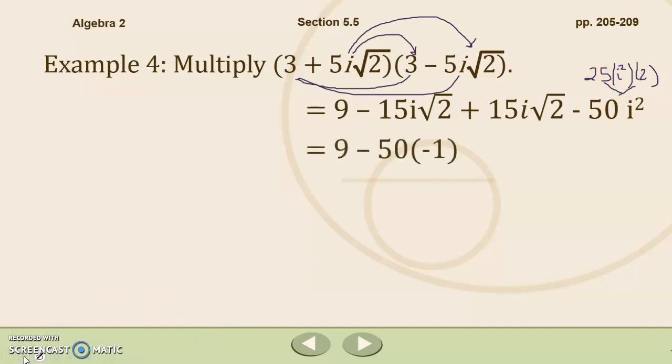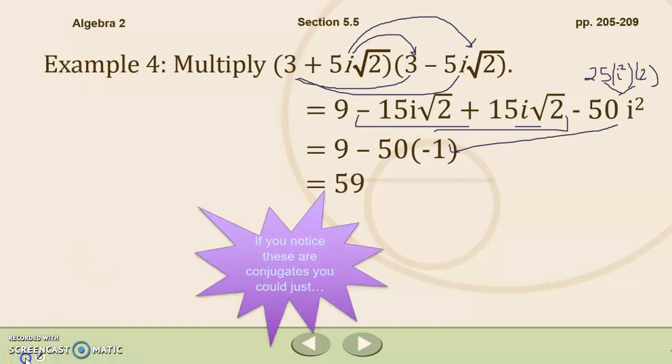Combining like terms and substituting in where we can, we get 9 minus 50 times negative 1, because we know i squared is negative 1. These two inside terms cancel each other out, which leaves us with 59. So we could FOIL that.